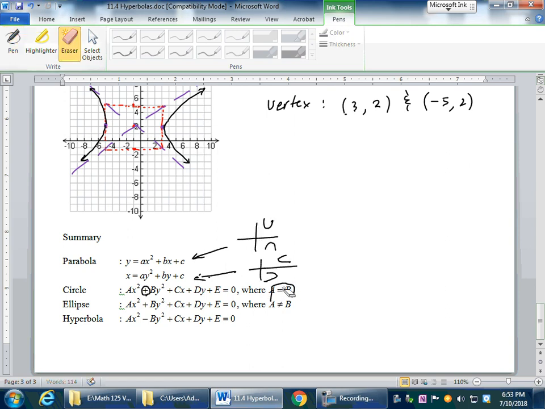That's how you know the difference between the circle and ellipse, because ellipse is also x squared plus y squared, but however the coefficients are what? Different. And hyperbola is easy because hyperbola will be x squared minus y squared, or y squared minus x squared. So either one of the cases.